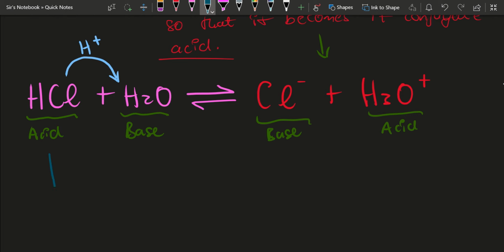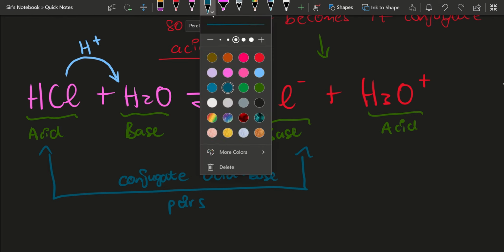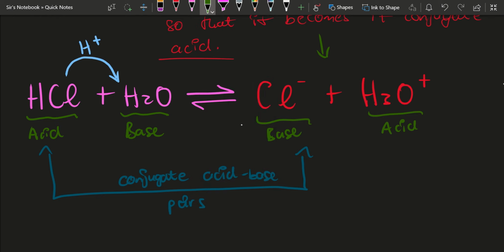So these two are what we call conjugate acid-base pairs. In this case, we say that Cl minus is not just a base; we use the proper term and refer to Cl minus as a conjugate base.